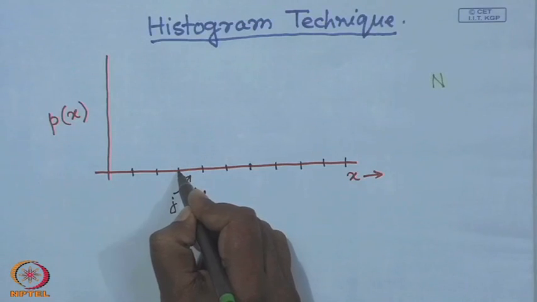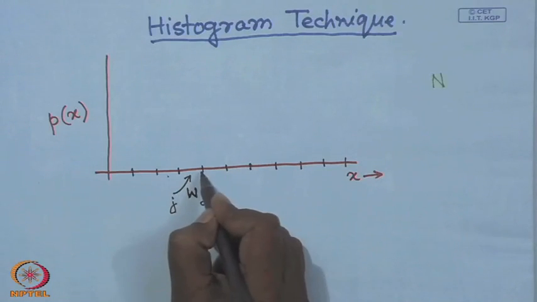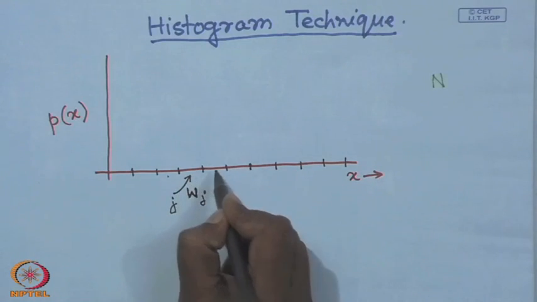Now, it may so happen that some of the samples fall on the boundary, either on the boundary between the j minus first interval and the jth interval, or on the boundary between the jth interval and the j plus first interval.